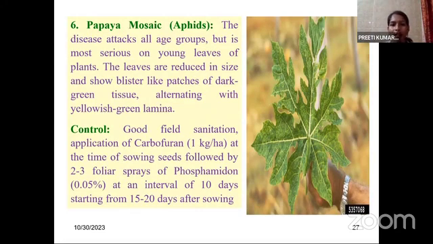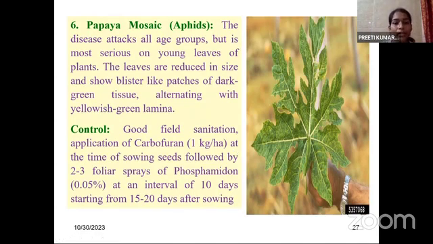Then there is papaya mosaic. In this, the veins and the leaves all go yellow, and the leaf size is reduced. The disease attacks all age groups, whether the plant is 5 to 6 days old or any age. It is mainly spread by aphids.